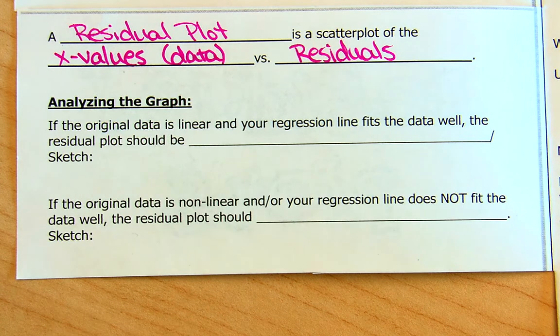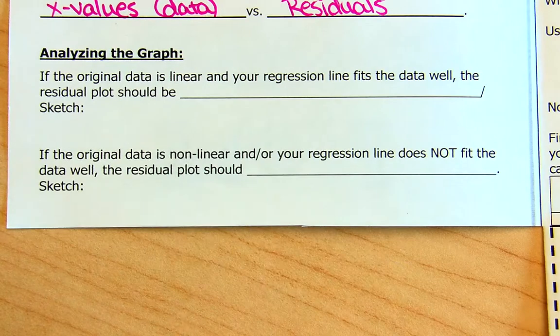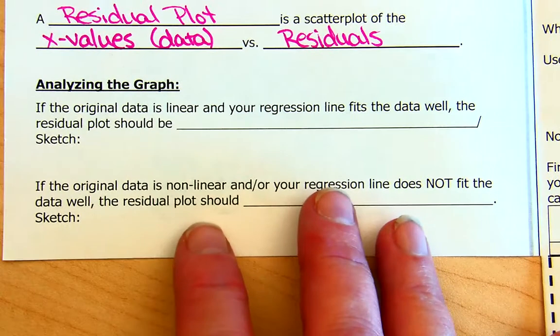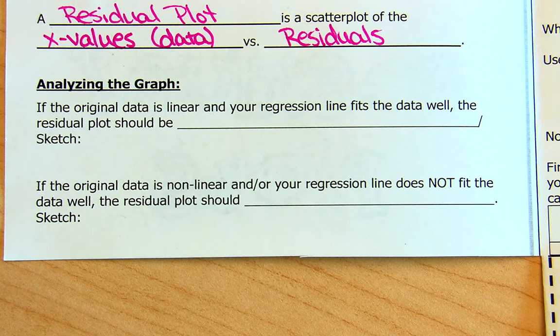When we analyze the graph, if the original data is linear, this is a way to check: should a linear model be used? Because sometimes we can sort of see a curve, but I don't know if it's really a curve, or just a little gap in the data. A residual plot will really amplify those curves if there is one.